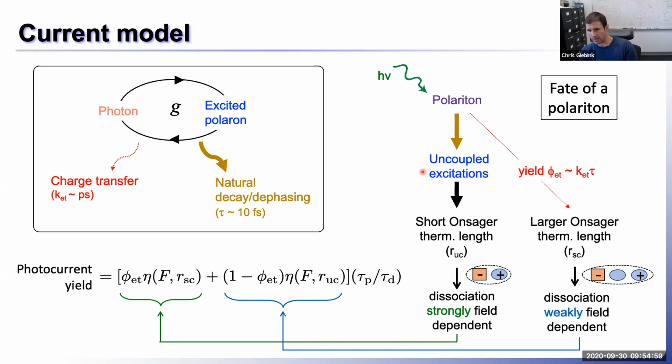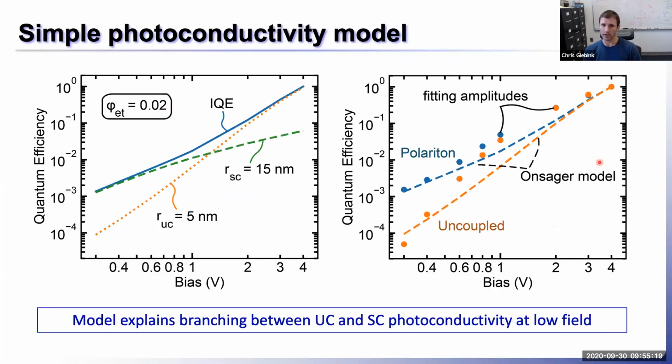Those have their own field dependence, and at that point they've lost all memory of how they were created. It's this variation in the contribution from the polaritons that undergo charge transfer that makes a difference in the photocurrent field dependence. Normally, the dark excitations just have the field dependence shown here in orange.